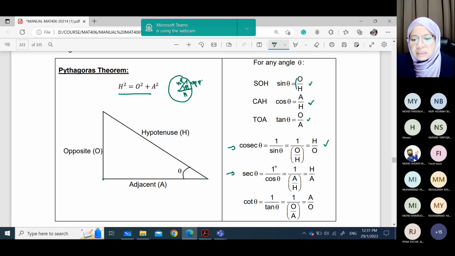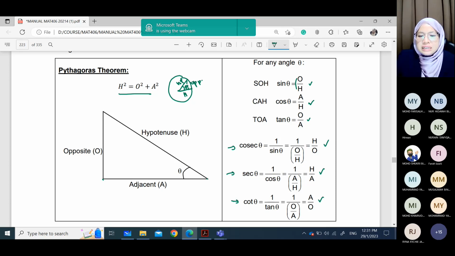So secant theta is 1 over cosine theta. So untuk mendapatkan secant theta, it is based on this one, 1 over A over H, and simplify, then we have H over A, which is hypotenuse over adjacent. Last one, cotangent theta. So cotangent theta is about 1 over tangent theta. So what is the tangent theta? O over A. So therefore cotangent theta is A over O.